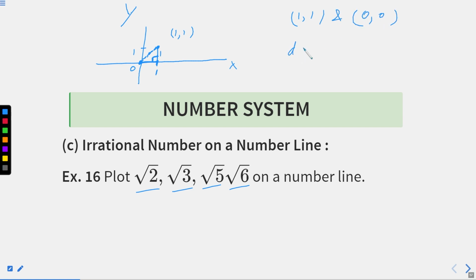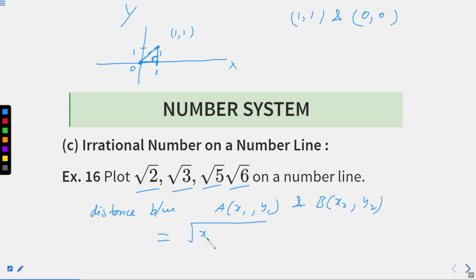The distance formula: distance between A (x1, y1) and B (x2, y2) is equal to root of (x1 minus x2) whole square plus (y1 minus y2) whole square.